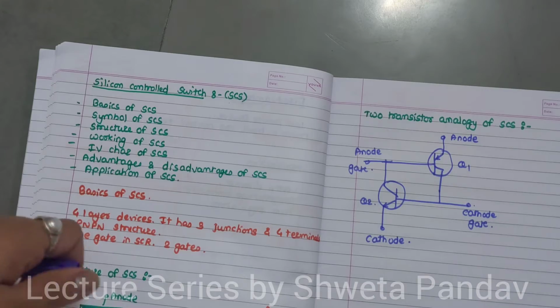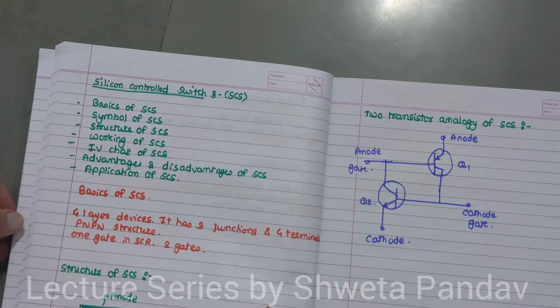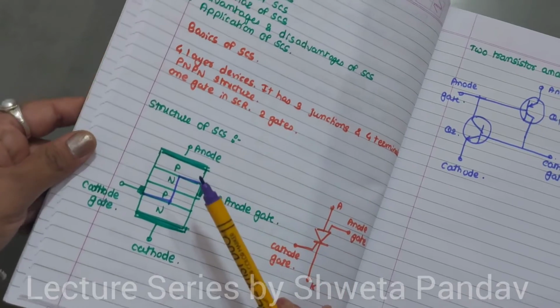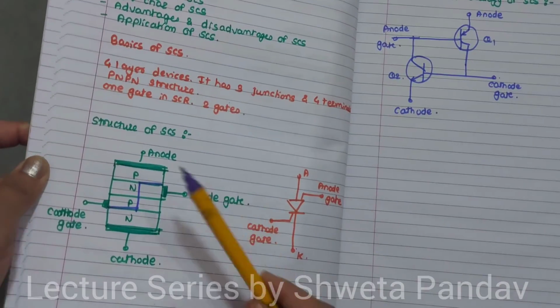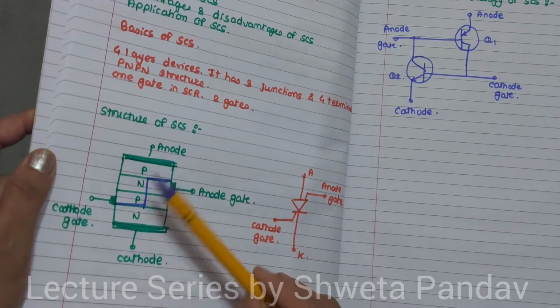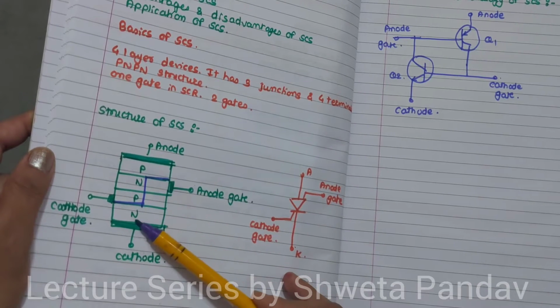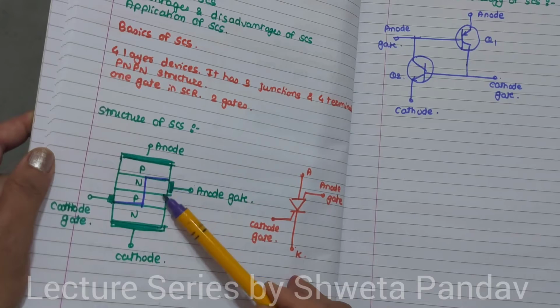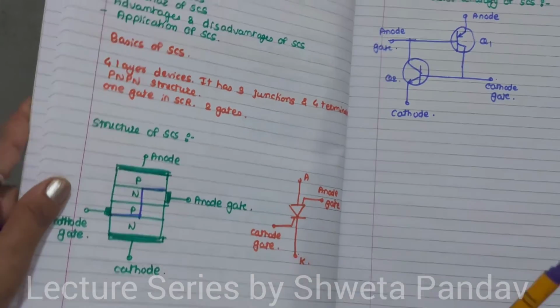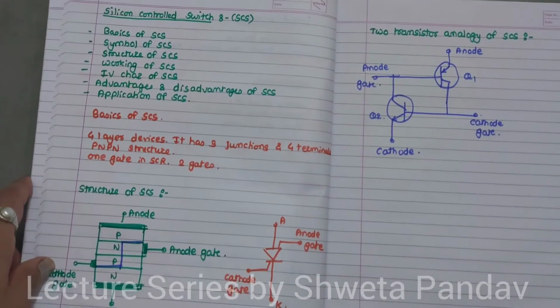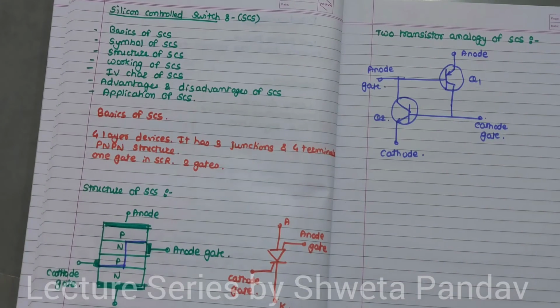From this figure we see, as I told you, it is a 4-terminal, 4-layer, 3-junction device. If I cut the structure of SCS in two halves, then it is represented with the help of two transistors, Q1 and Q2.